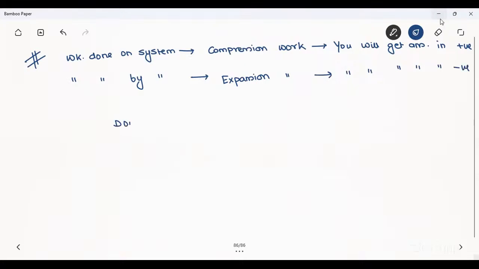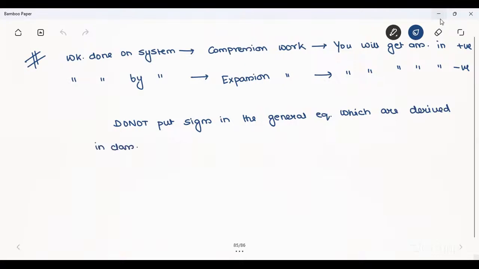Do not put signs in the general equations which are derived in class.